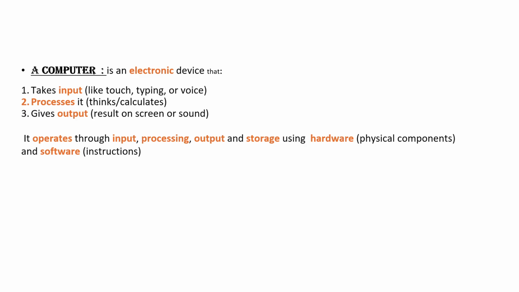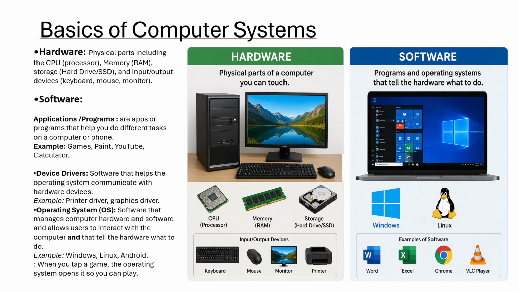Okay. Now moving on, we have actually understood this concept till the output part. Now we'll work with it. This IPOS operates using hardware and software. Now, what is hardware and software? So this is the basics of a computer system.